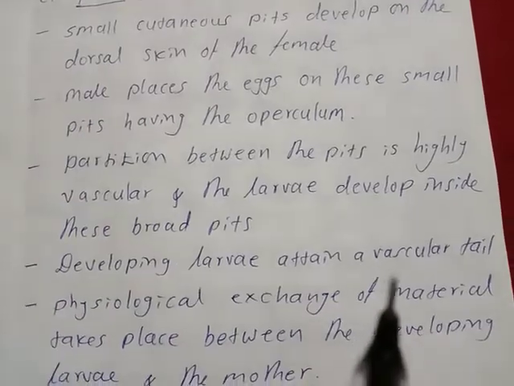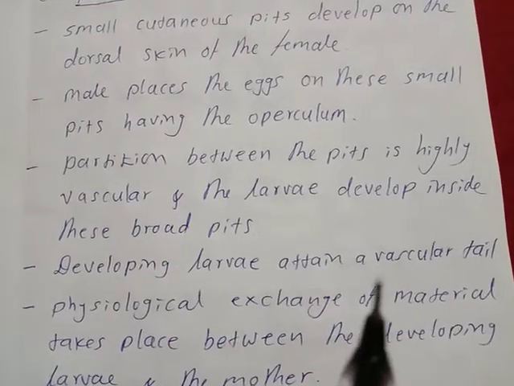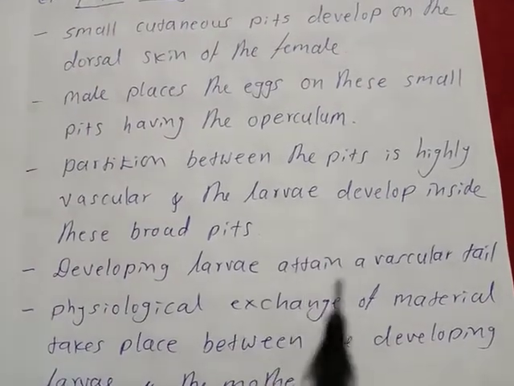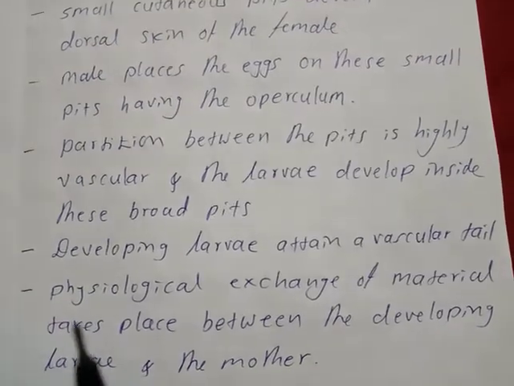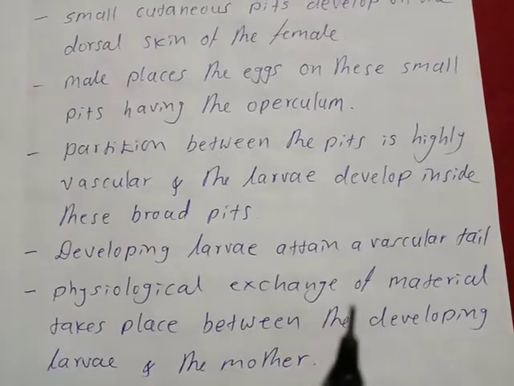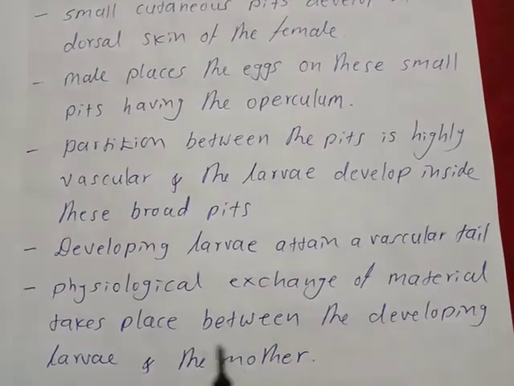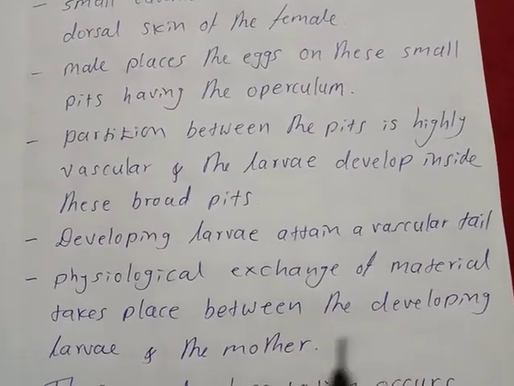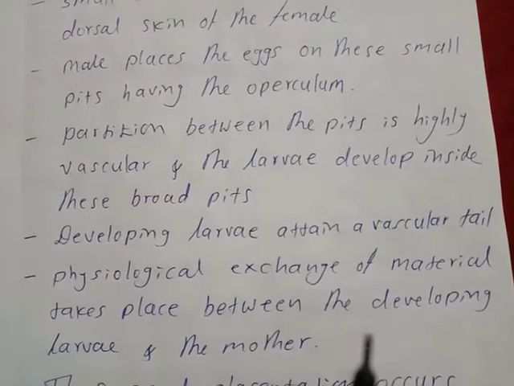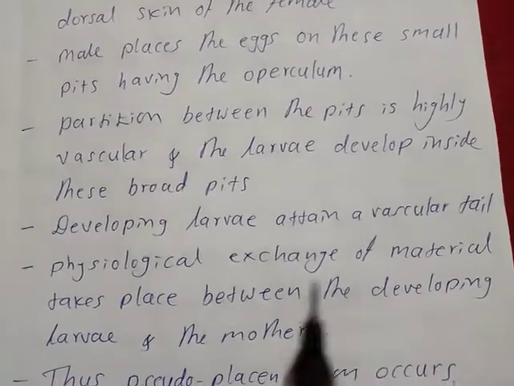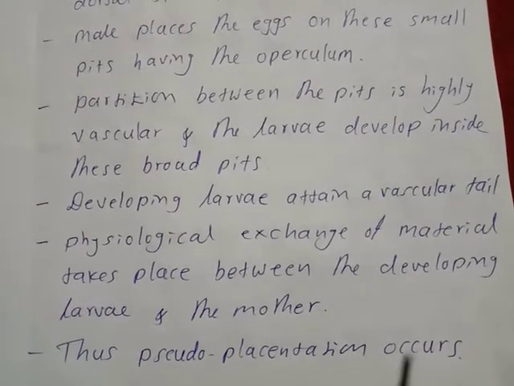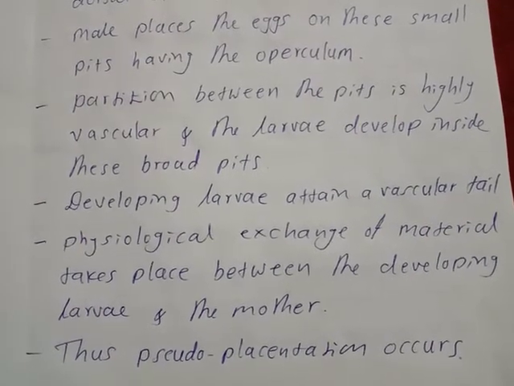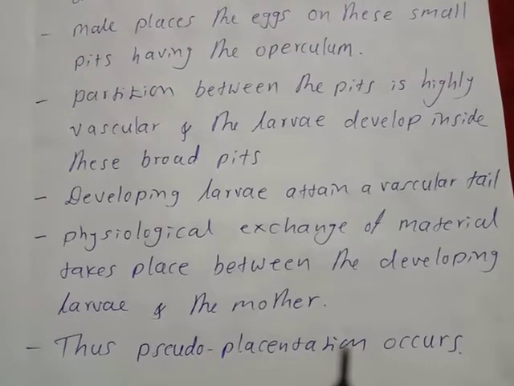Developing larvae attain a fascicular tail. Physiological exchange of material takes place between the developing larvae and the mother. So that is nothing but placentation. This is called pseudoplacentation.